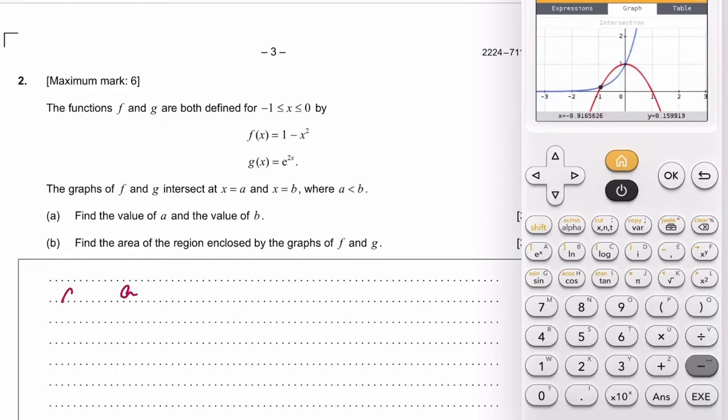So the first one is negative 0.91656. The second one is 0.